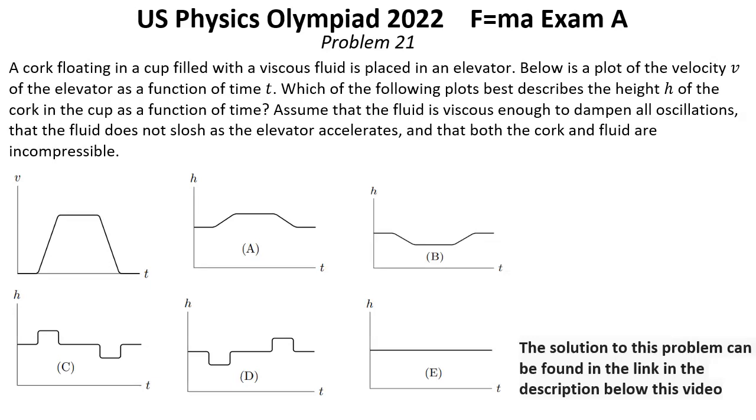Which of the following plots best describes the height h of the cork in the cup as a function of time? Assume that the fluid is viscous enough to dampen all oscillations, that the fluid does not slosh as the elevator accelerates, and that both the cork and the fluid are incompressible.